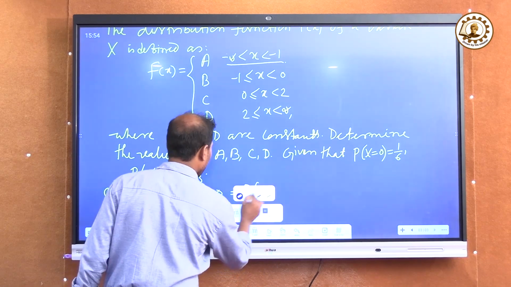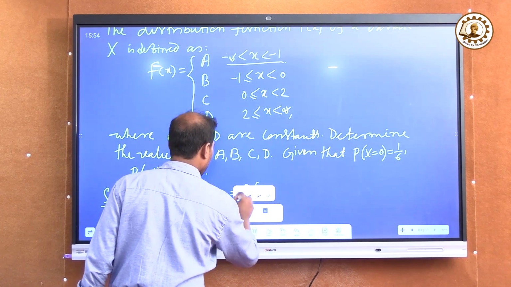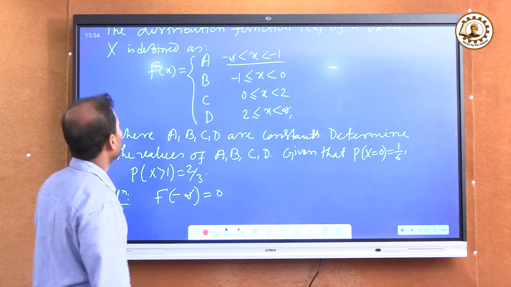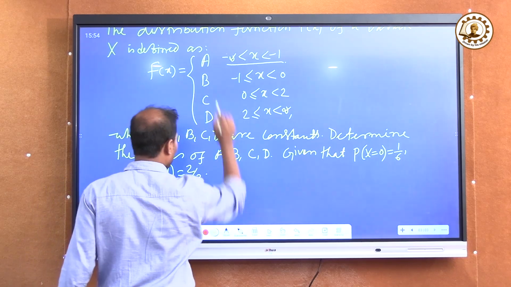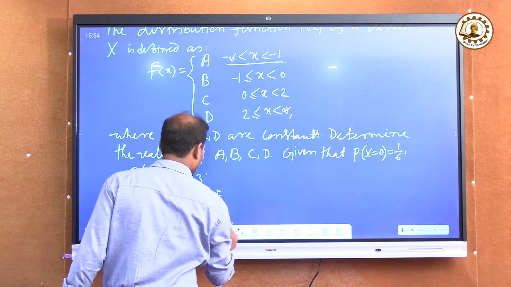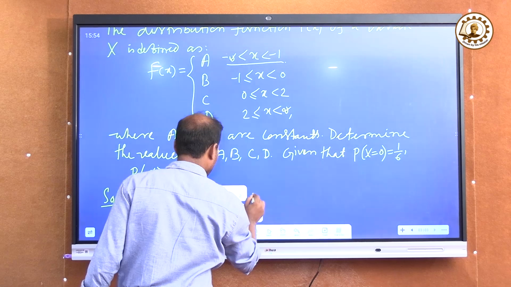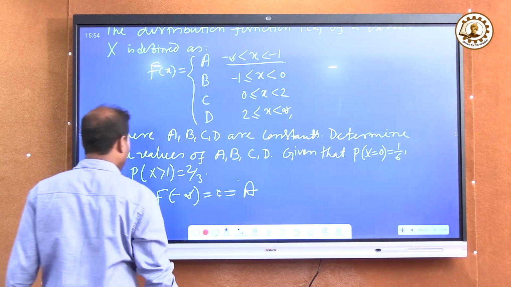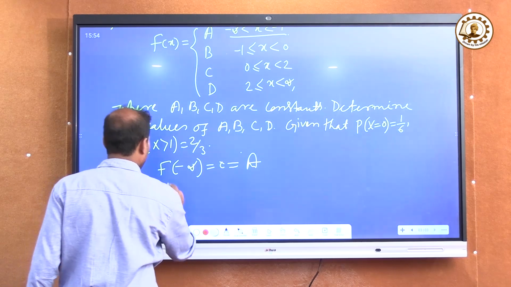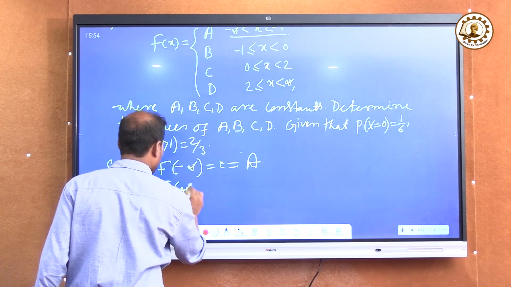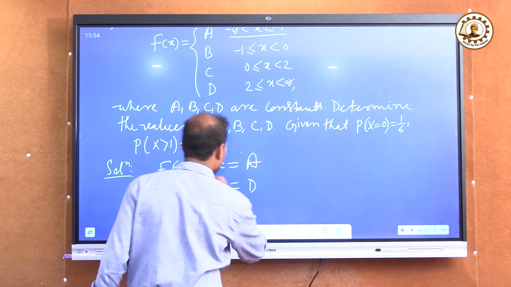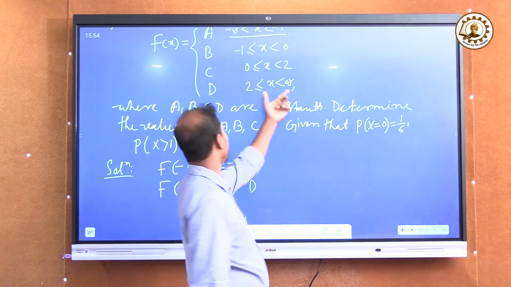In this case F of x equals a, so we can say a equals 0. Again, F of infinity is 1, so d is 1.